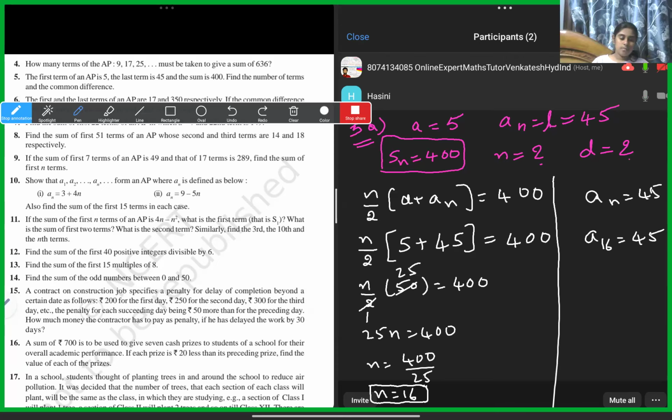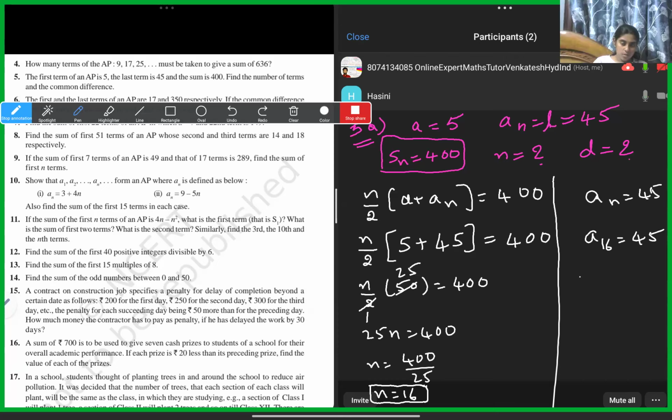That is the last term, and the sum of n terms is 400. We found out how many terms there are using the Sn equation, which we got as 16. So 16 terms are there. Since an is the last term, a16 is 45. Any doubt, Hasni? No, sir.